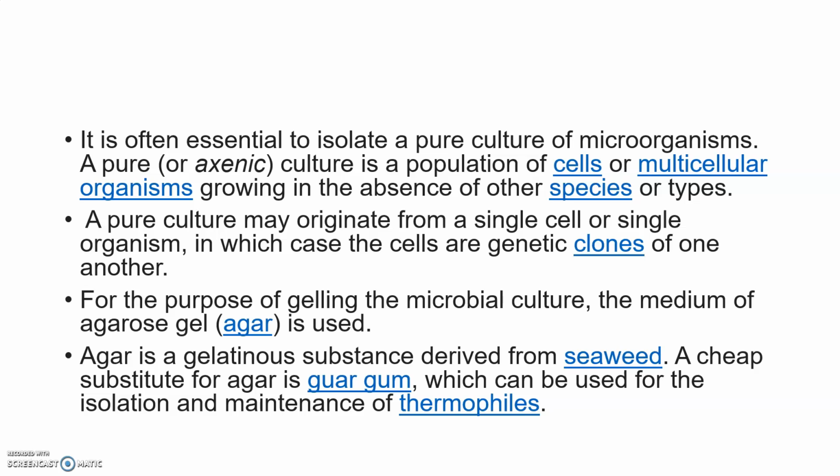A pure culture may originate from a single cell or a single organism, in which case the cells are genetic clones of one another. So the organisms present in one pure culture should be identical, and different from other organisms.